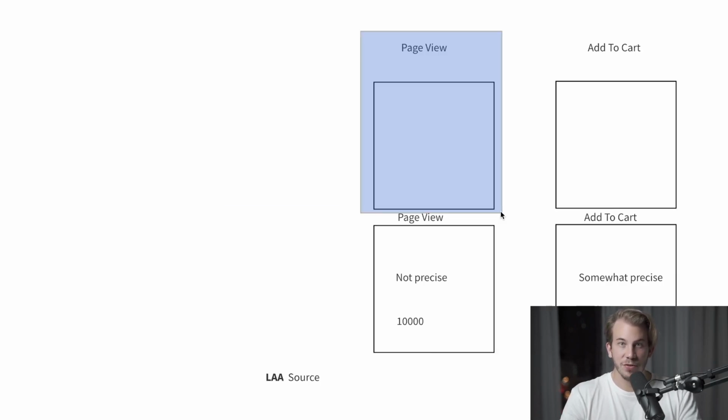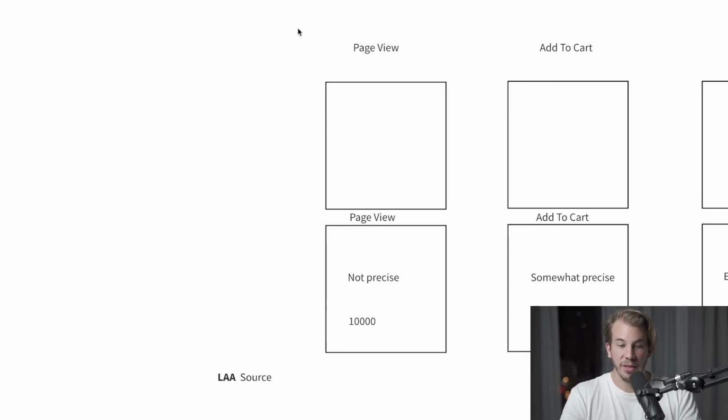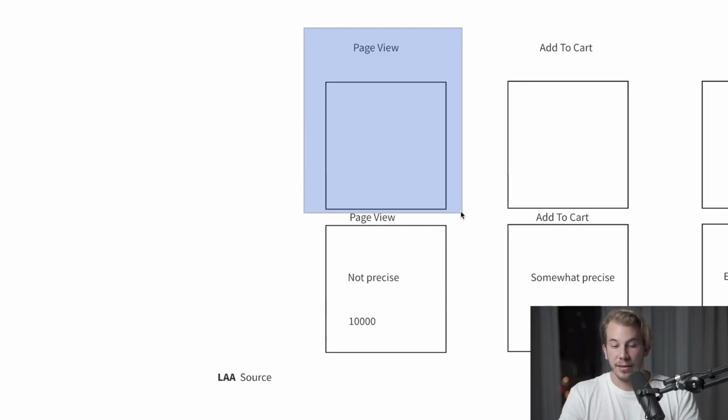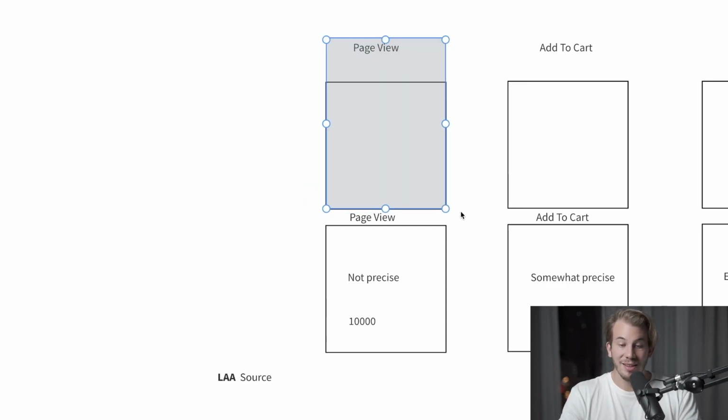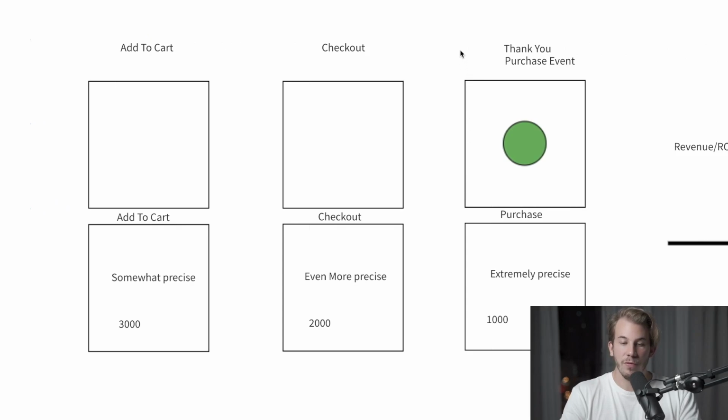Just like the page view conversion goal, like a traffic campaign, it gets you the cheapest clicks, and you get clicks for like 10 cents, 20 cents, 5 cents in countries like Germany or the US, which is way cheaper than click costs you might get from conversion campaigns that optimize for purchase events.